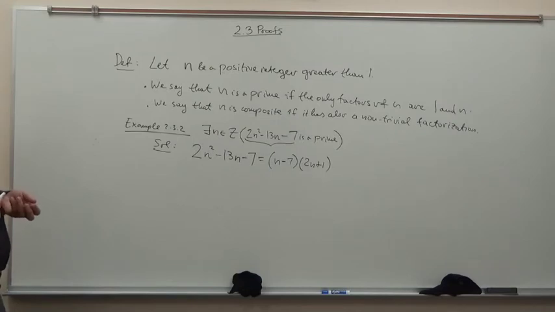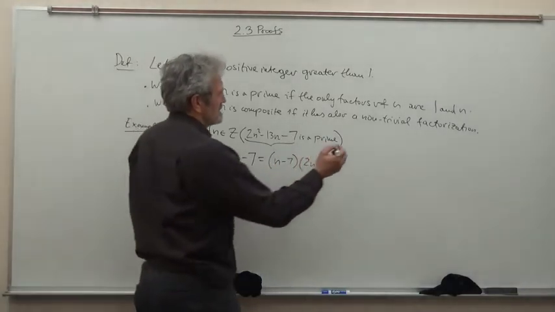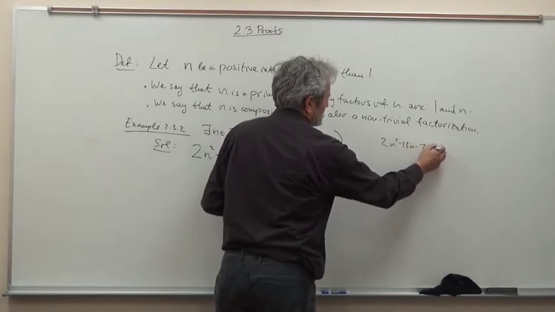Of course, you can ask, how do we know that there's a factorization? For example, there are also some methods from intermediate algebra. How do you factor quadratic expressions? For me, the simplest one is just solve the quadratic equation and use the factorization theorem. So 2n squared minus 13n minus 7 equals 0.